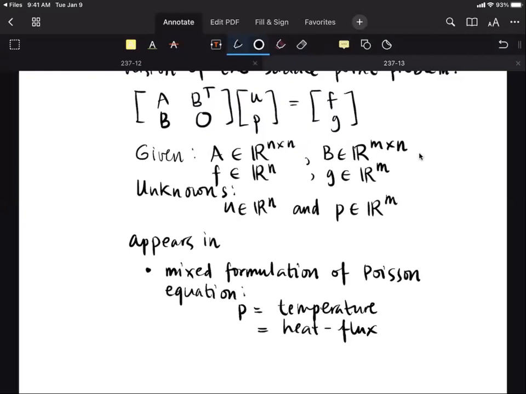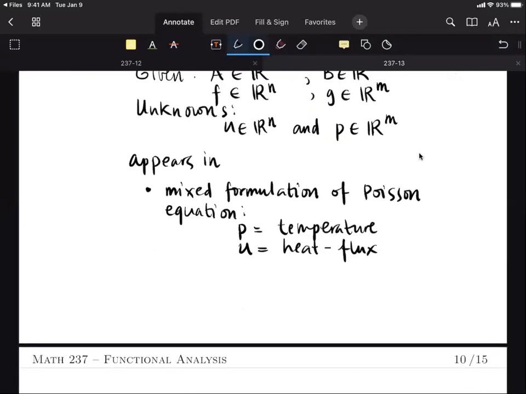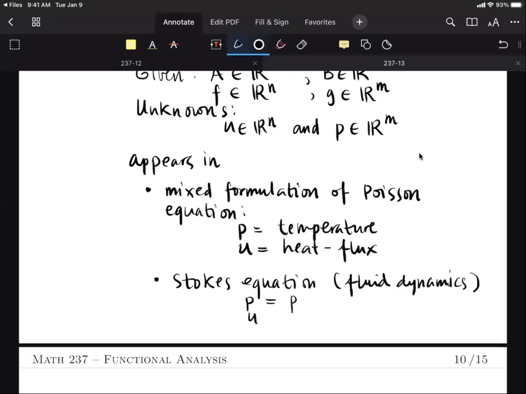And it should be the other way around. And for the Stokes equation, appearing in a steady fluid dynamics, for instance, where p is the pressure and u is the fluid velocity.